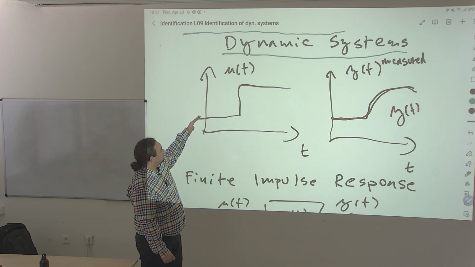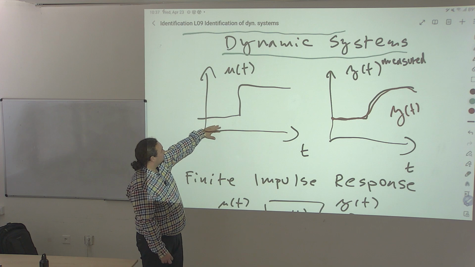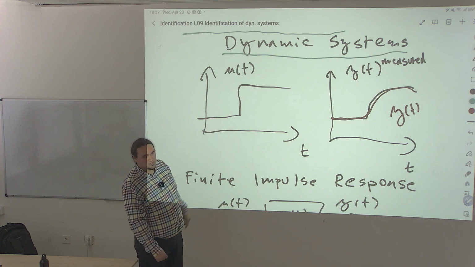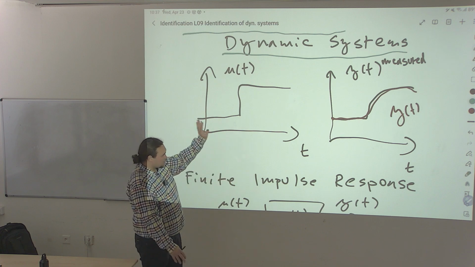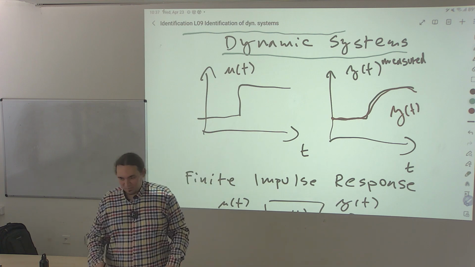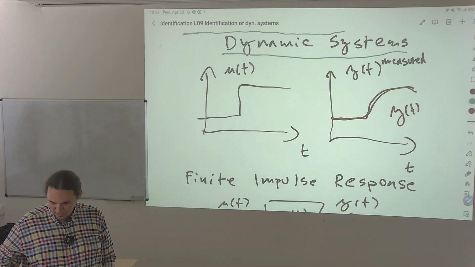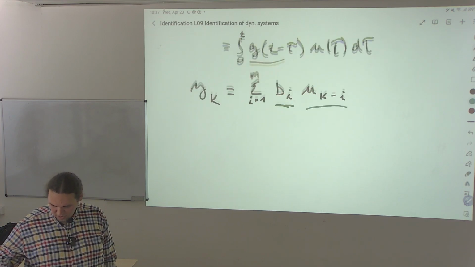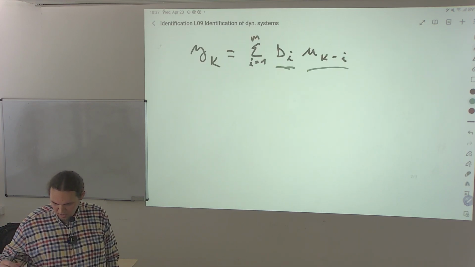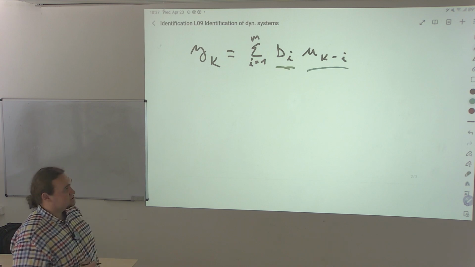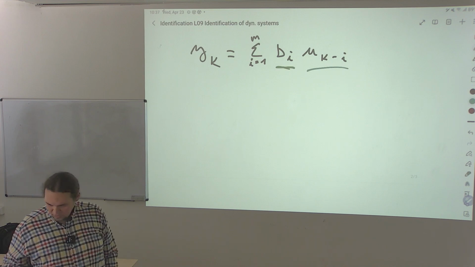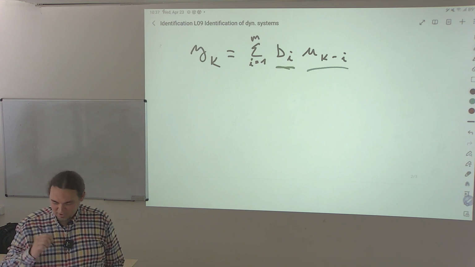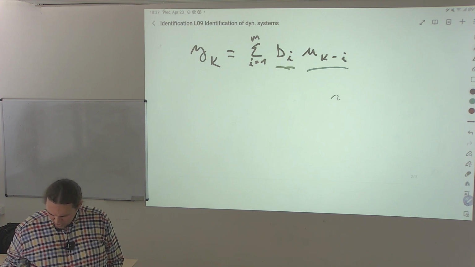So let's assume that we have conducted some experiment, and let's start from the step response, because we understand it, and let's try to see how we can use the data for training this model.